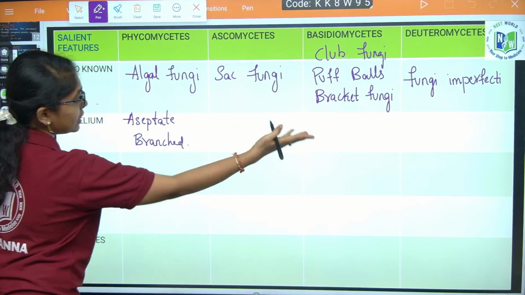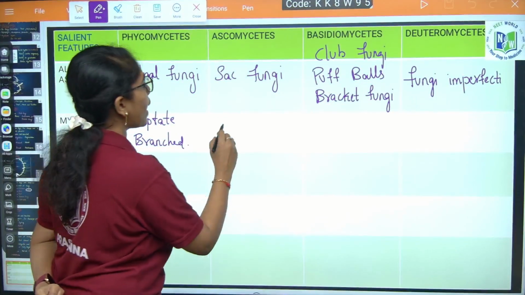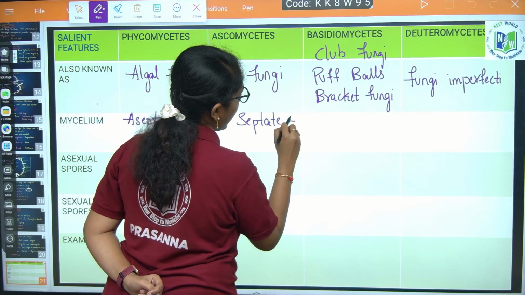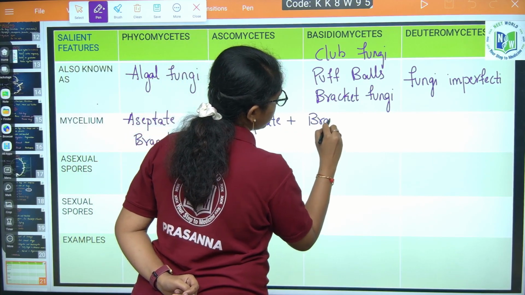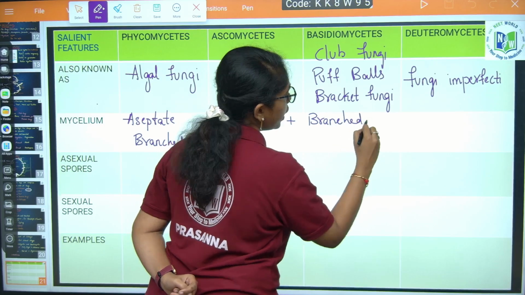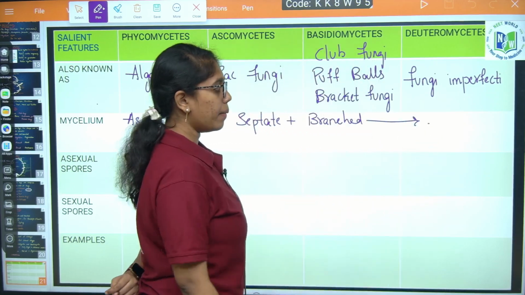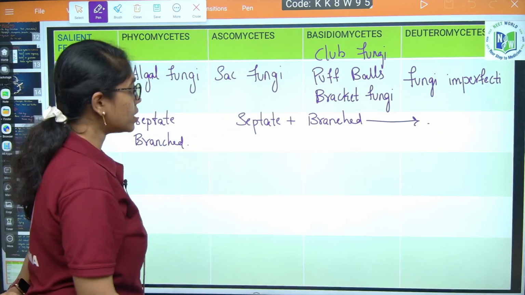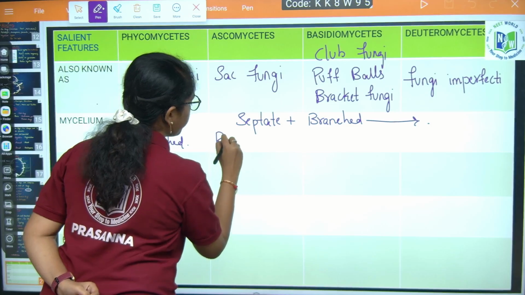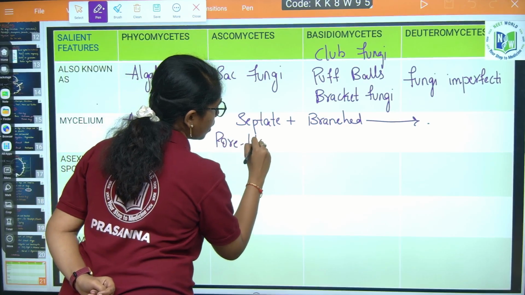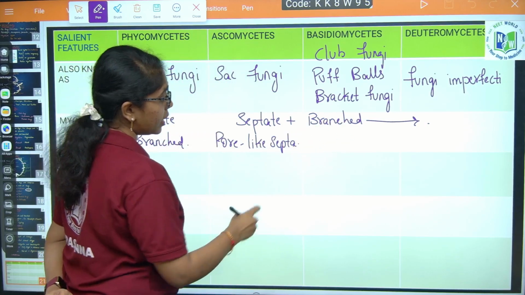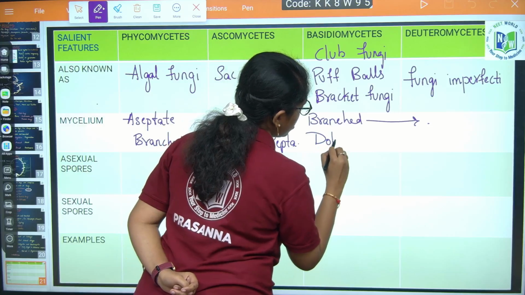In all these three, it is septate and branched. Here also it is septate and branched. Okay. Here what kind of septal pores are present? Pore-like septa. Here it is dolipore septa.